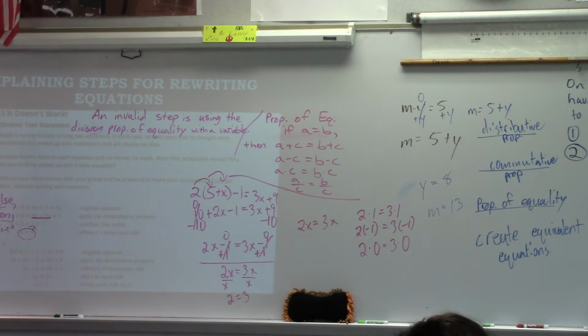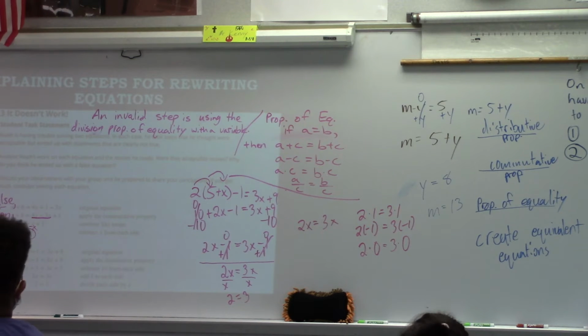The one thing that you cannot do with properties of equality is use the division property of equality with a variable. That is the one thing you cannot do with a property of equality. That is an invalid step.